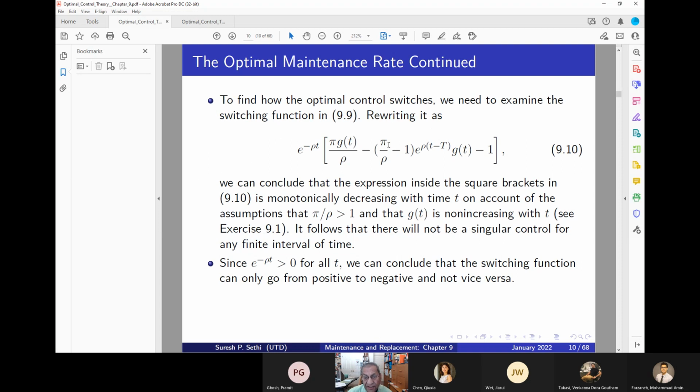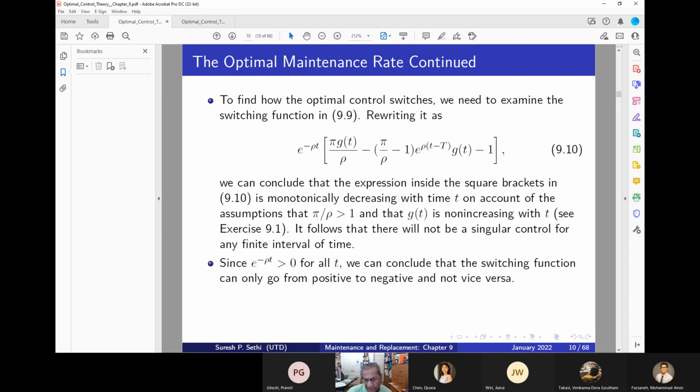Rewriting this, we take the derivative of that with respect to t. That is exercise 9.1. Once you take the derivative, you recognize that pi divided by rho is bigger than 1, otherwise we don't want to be in the business of producing with this machine anyway.